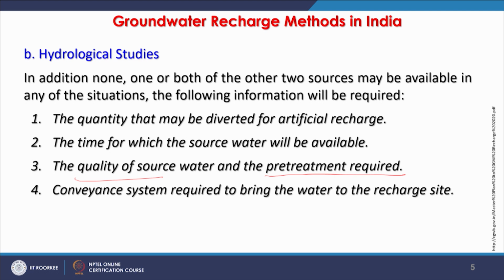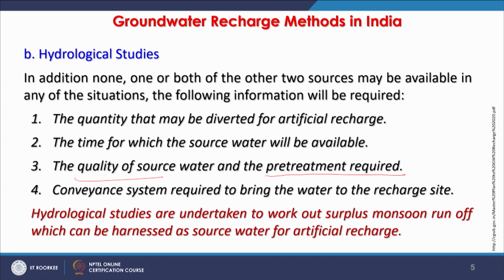And a conveyance system is required to bring the water to the recharge site, because you cannot directly block a stream for recharge in many cases. So, what canal system or whatever channel system is there, that is also required. So, under these hydrological studies which are undertaken to work out surplus monsoon runoff, which can be harnessed as source water for artificial recharge.